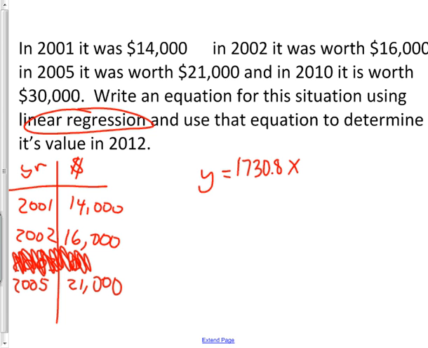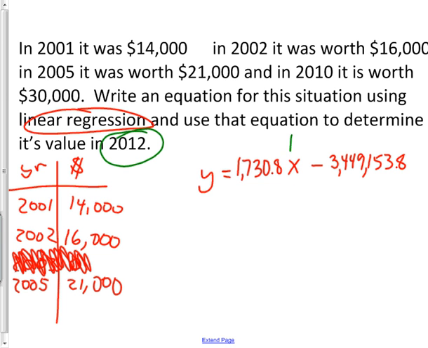Perfect. All right, and I know sometimes these numbers are ugly, and in the real world they are. They're ugly numbers, but this is a powerful equation now. Now, if they tell me a year like this, I can put it in.